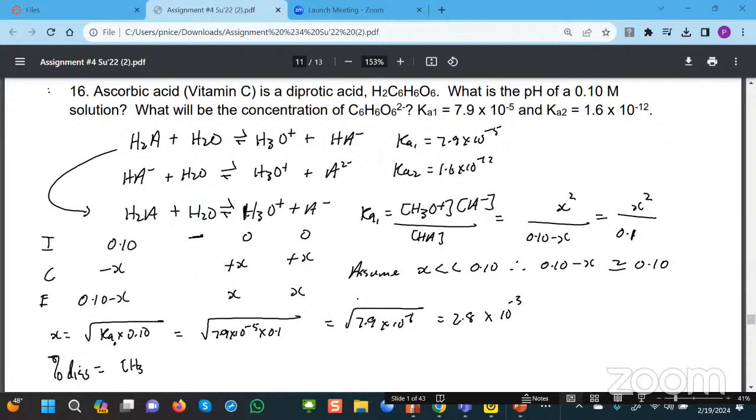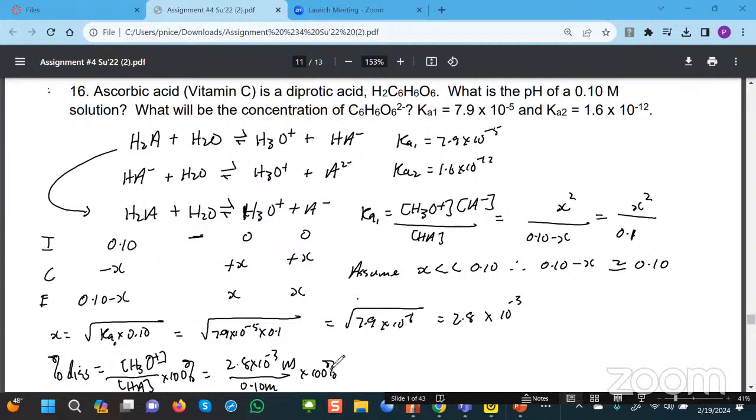Okay. So the percent dissociation is the concentration of hydronium divided by the initial concentration of HA times 100%. Now remember, the criterion that is normally used is 5%. The percent dissociation has to be less than or equal to 5%. So let's see if that's the case. 2.8 times 10 to the minus 3 M divided by 0.10 M times 100%.